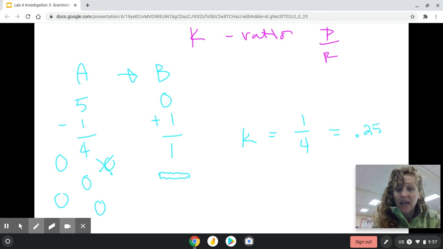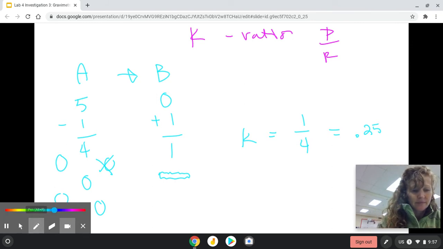So K gives us a relationship between how much product we have made and how much reactant we have left. Now think, what would happen to K if this reaction went further and made more B? Would K increase or would K decrease? Okay, let's find out.